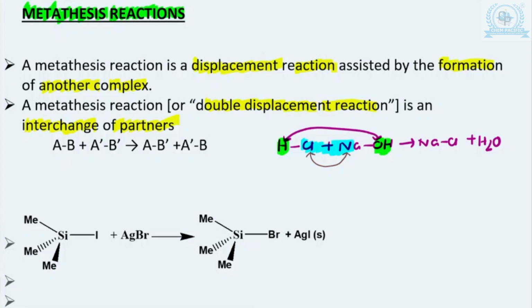Like AB and A dash B dash, it means B and B dash are exchanging among themselves, getting bonded, resulting in the formation of A B dash. And A and A dash will exchange among themselves, get bonded with each other, resulting in the formation of A dash B. Very easy, both of them are getting exchanged among themselves.